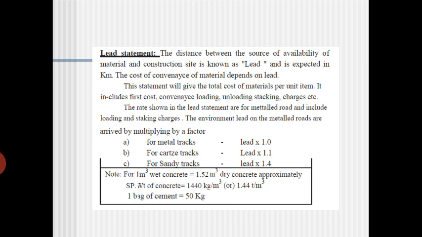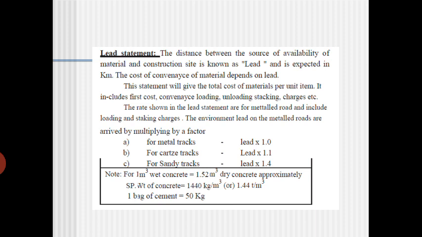On tar roads, the consumption of petrol or diesel is less than on concrete roads. So concrete roads will consume more petrol than tar roads.